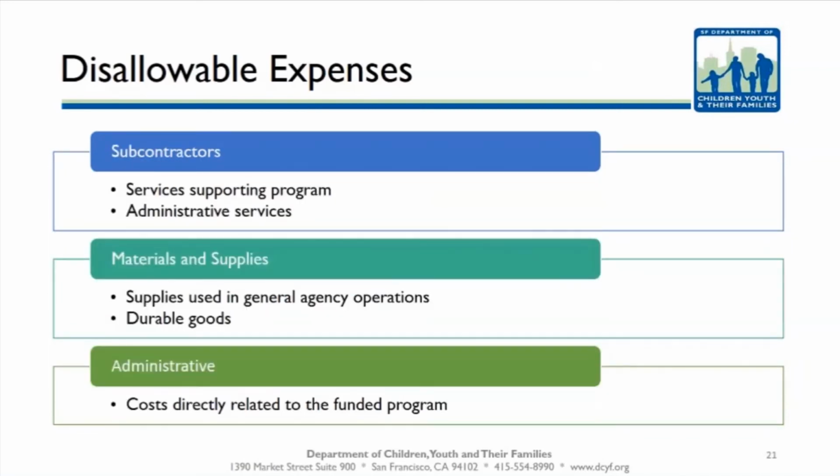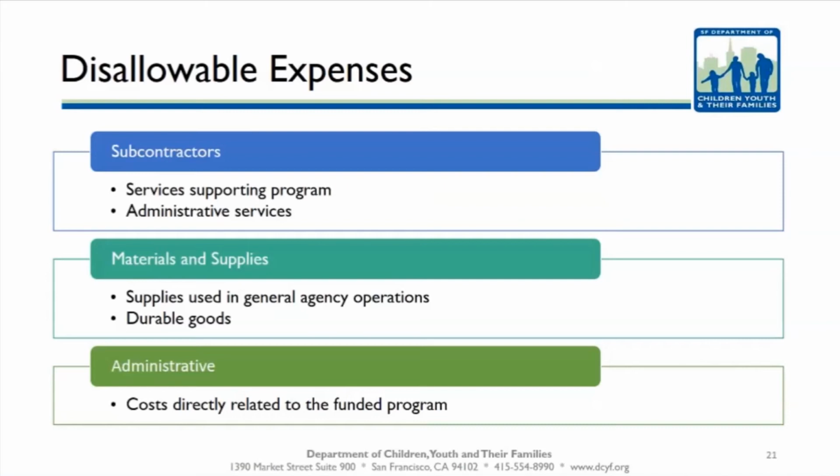Under subcontractors, if you have contractors providing services in either support of the program or for administrative services to the agency in general, don't put those here. Those aren't subcontractor expenses. They're likely other program expenses and administrative expenses.